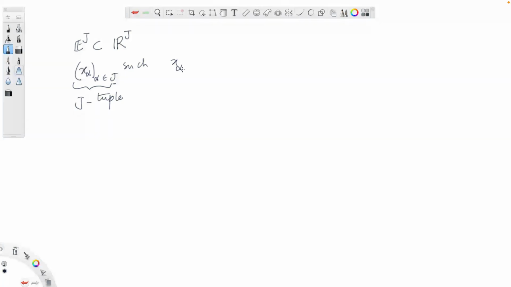Okay, and X alpha is 0 for all but finitely many values of alpha, which means that there can be finitely many non-zero components in this J tuple.